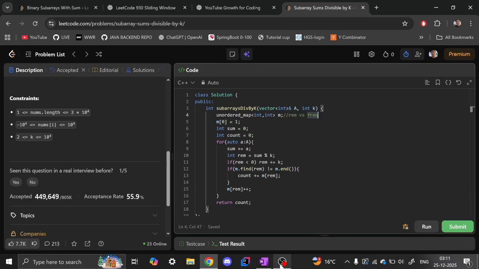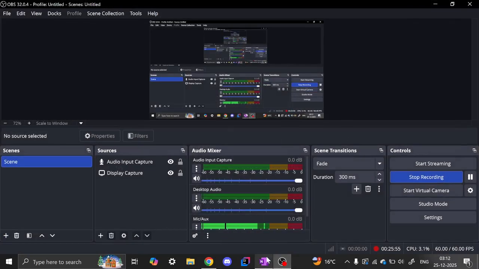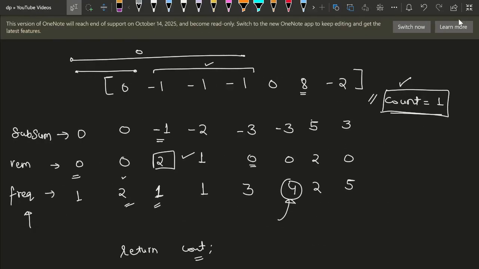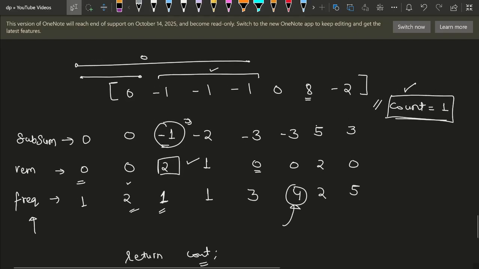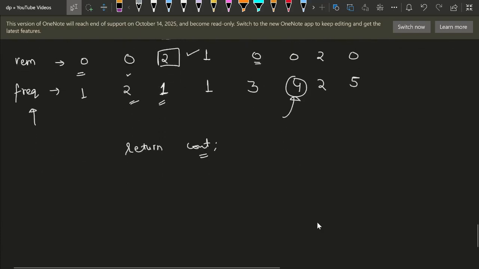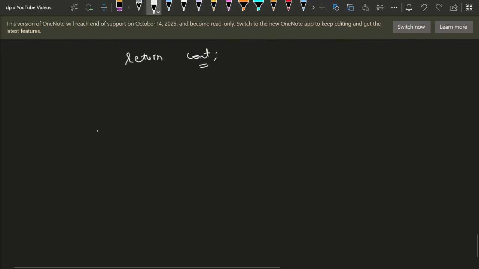Another thing I am interested in is, does there exist another way such that we don't have to convert the -1 subarray sum? If you remember, what I said was that -1 can be treated the same as -1 plus 3, which is 2.